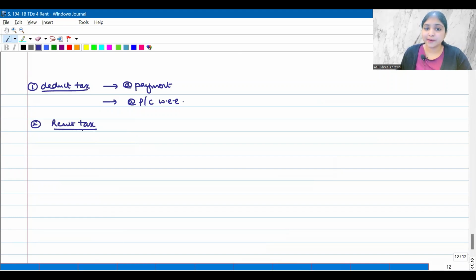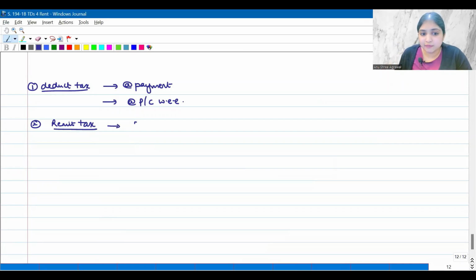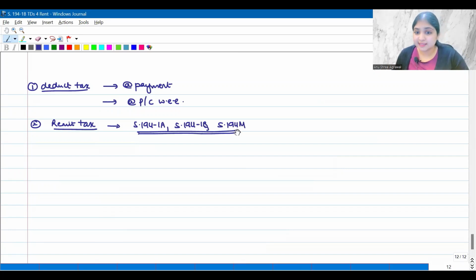Now, when is he going to remit the tax to the government? This I will discuss with you in 3 parts. See, we know very well under section 194IA, section 194IB and section 194M, it's a slightly different mechanism in these 3 sections. In these 3 sections, we say that from the end of the month of deduction, within 30 days, we are supposed to file the challan cum statement.